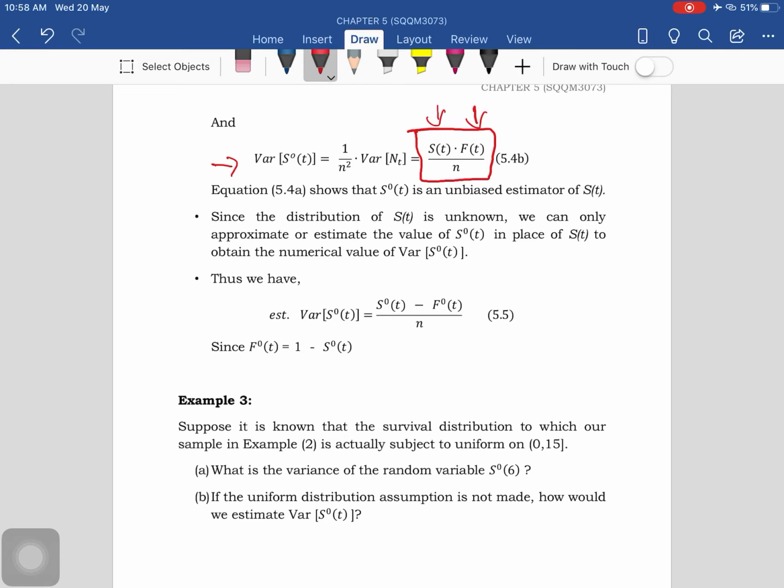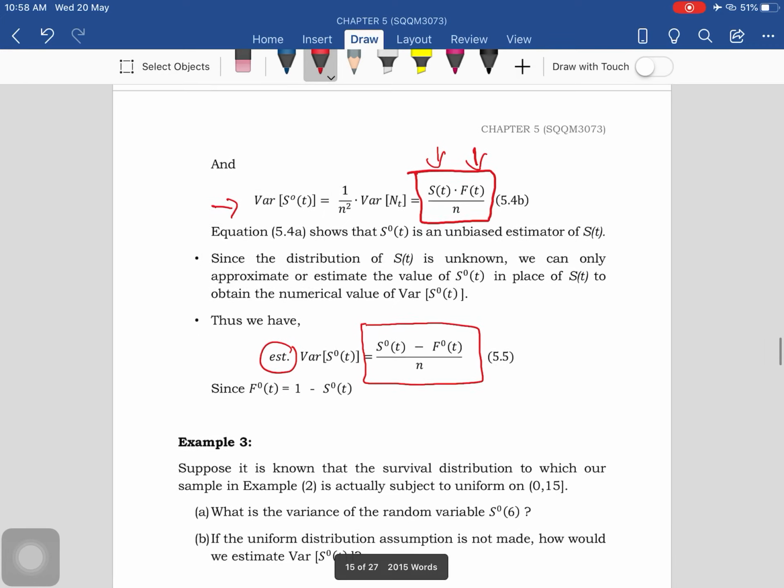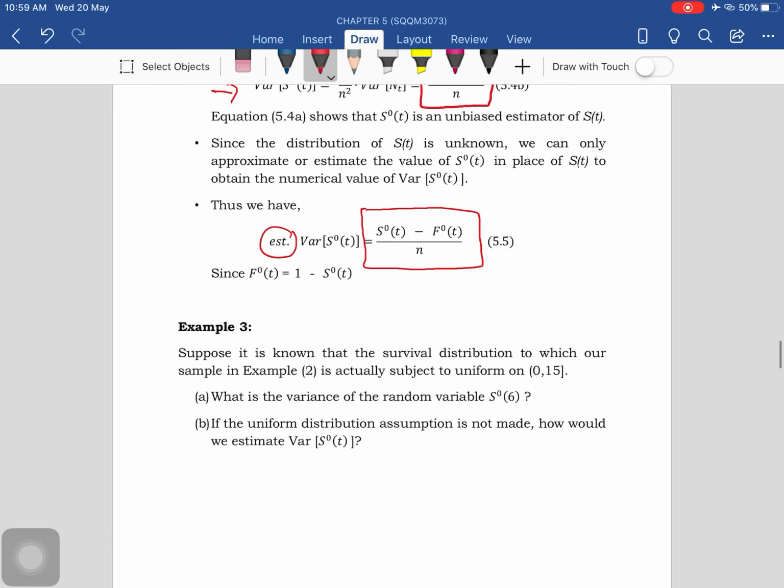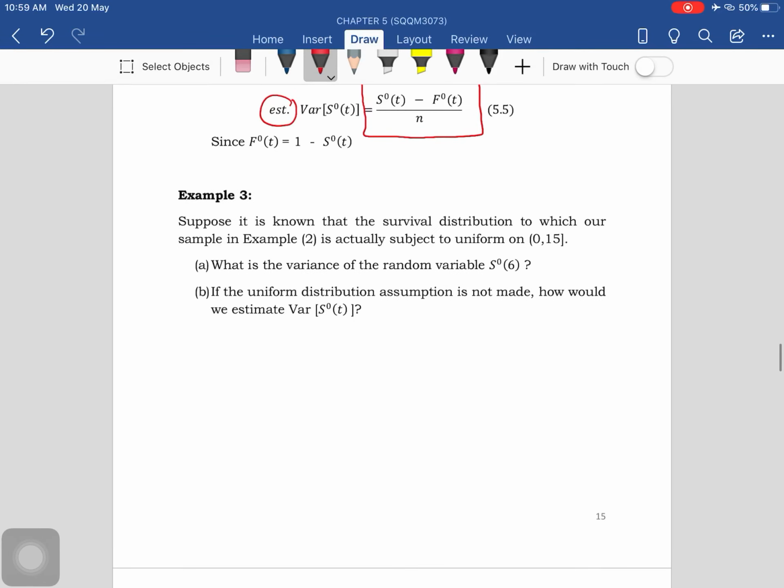Thus, the estimate for the variance of S_hat(t) is S_hat(t) times 1 minus S_hat(t), that is S_hat(t) times F_hat(t), over n. Okay, don't worry, don't get confused.